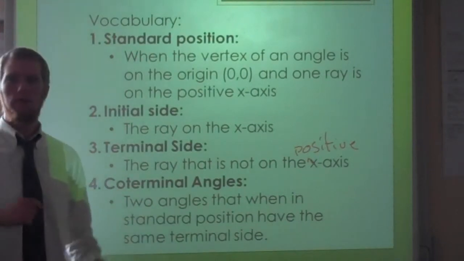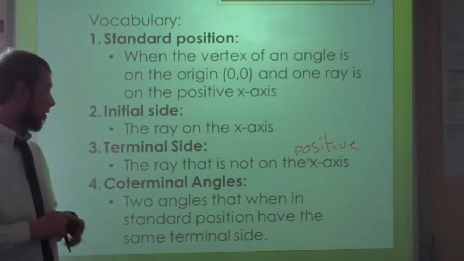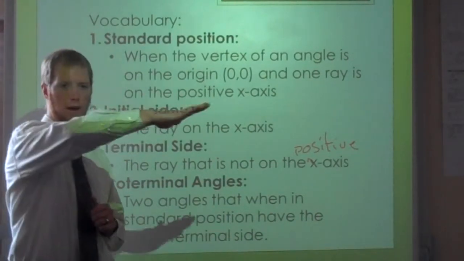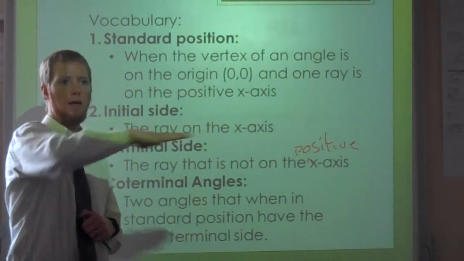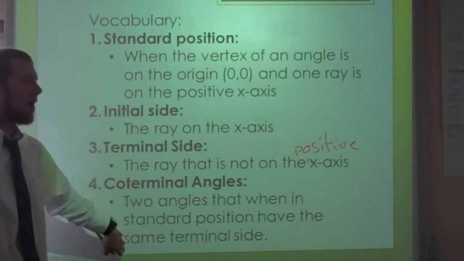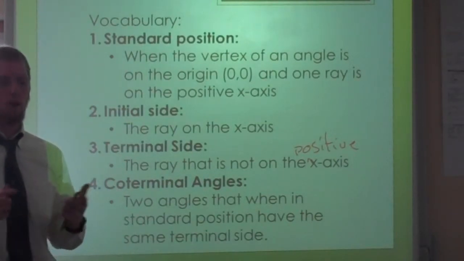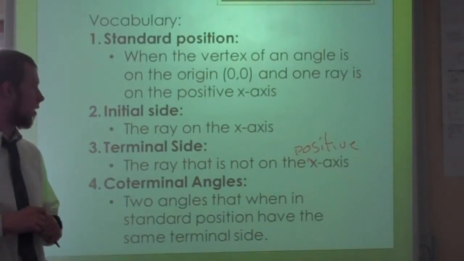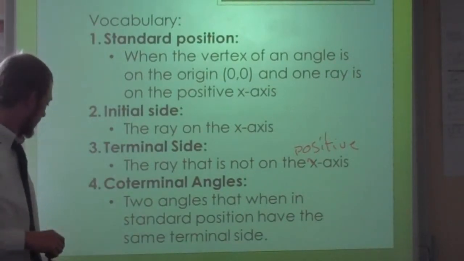Coterminal angles are two different angles that, when in standard position, so when we have that first ray on the x-axis, have the same terminal side. We'll look at how we form coterminal angles in just a minute.